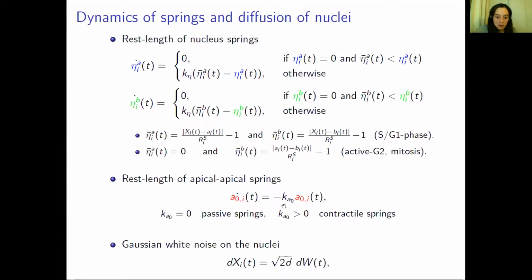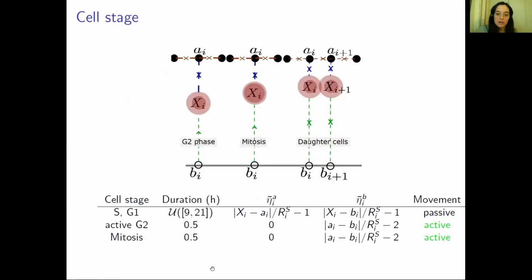And this is because we do not know how to describe this. So we explore these two options. And finally, we add Gaussian white noise to the nuclei. And this seems important to give some flexibility to the model.